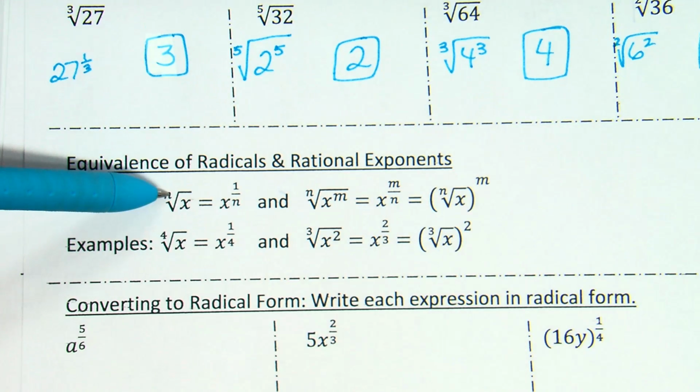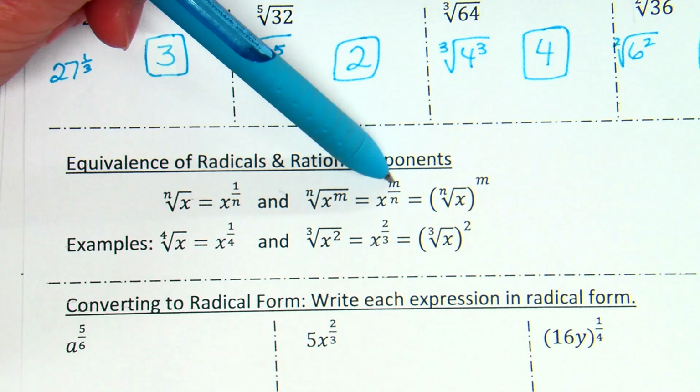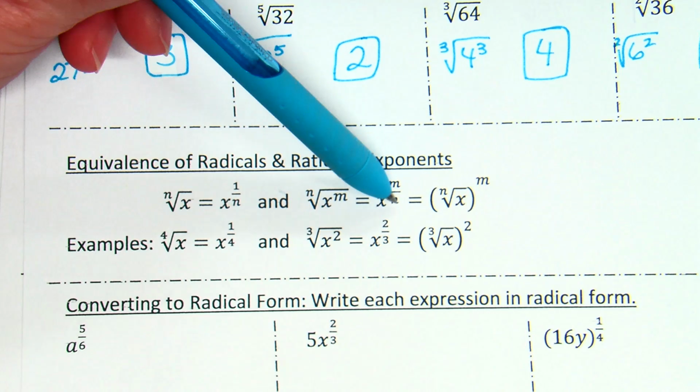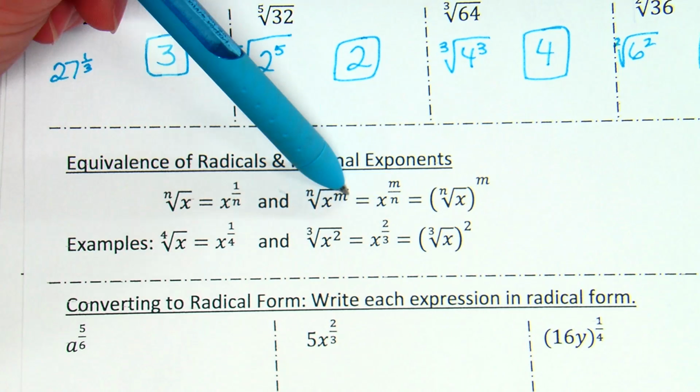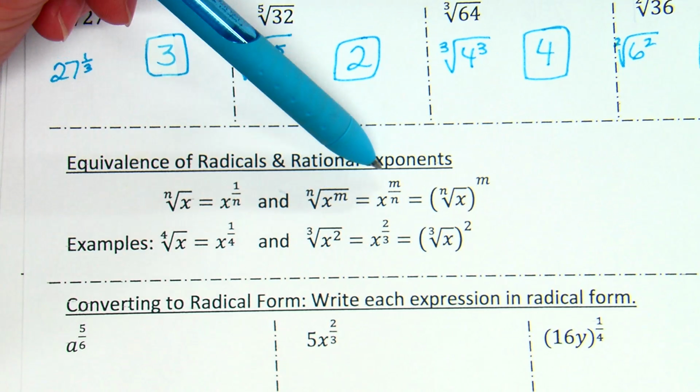Now, if it's the nth root of x to the m, realize that can be written as x to the m over n, because that little number in the index spot, the radical spot, is the denominator. The m in x to the m is going to stay on top. And so the nth root of x to the m can be rewritten as such. Okay? And that's what we're going to work with.